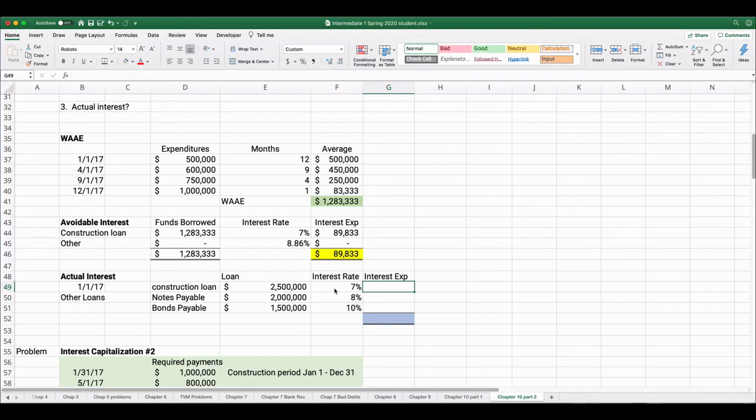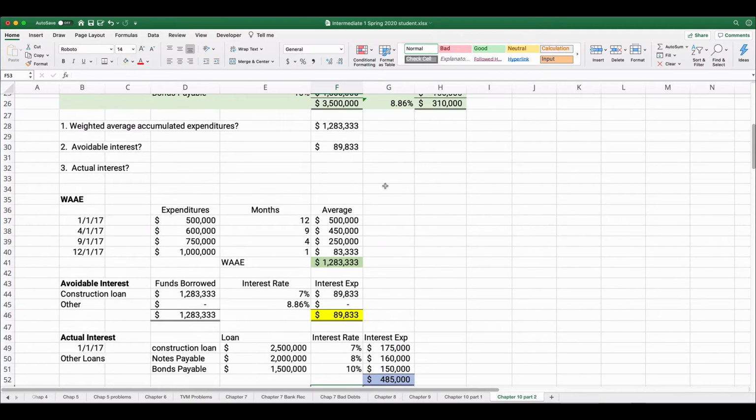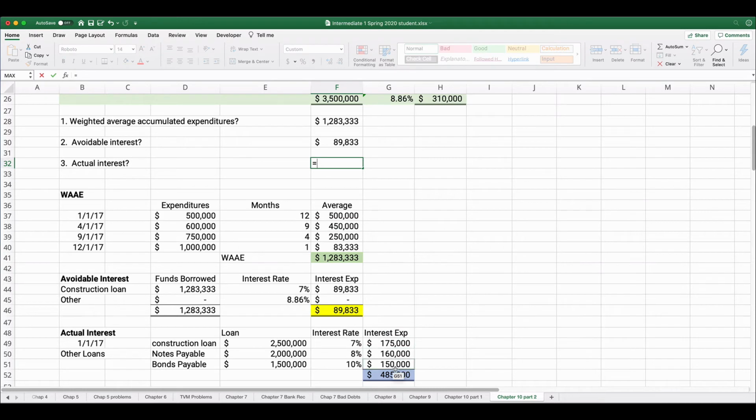And we're going to calculate the interest for the full year. $2,500,000 times 7% is $175,000, and then just multiply the other amounts times the interest rate. So 175, 160, and 150, and that totals $485,000. So our actual interest is $485,000.